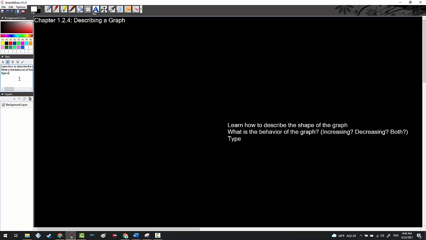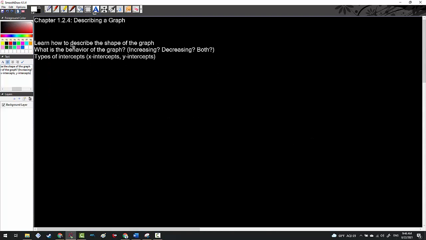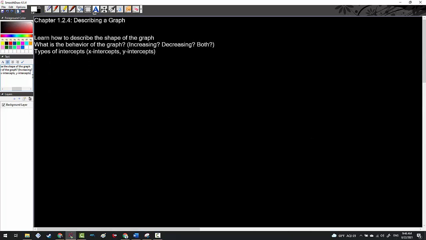So types of intercepts: x-intercepts and y-intercepts. These are the kinds of things we probably want to look at. And then of course I forgot, is the graph continuous or discrete? We will talk about what that means in just a second.